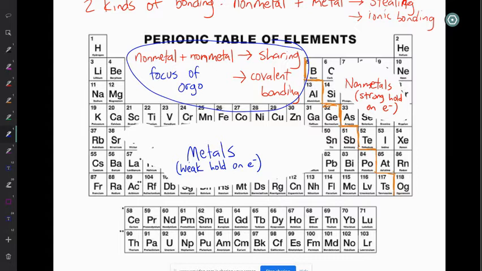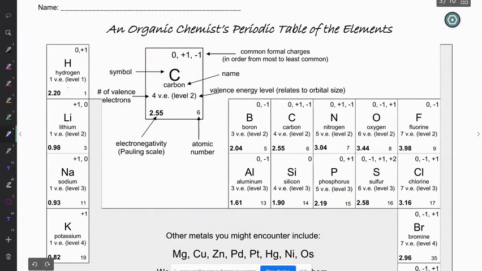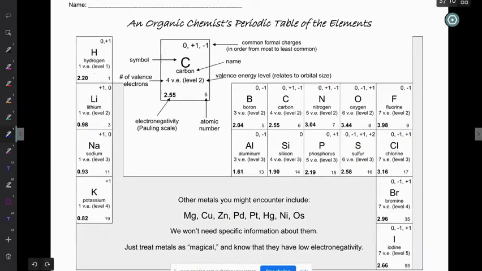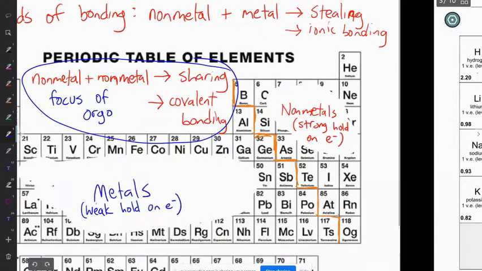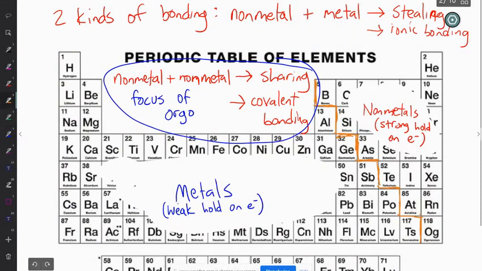So I give you at the beginning of class a periodic table that selects only the elements that you'll see in this class. And here it is. One thing I want you to note about this: almost all of those elements are nonmetals. I did forget to mention on this previous slide that this dividing line kind of extends all the way over here. So hydrogen is also a nonmetal, even though it shows up on the left-hand side.